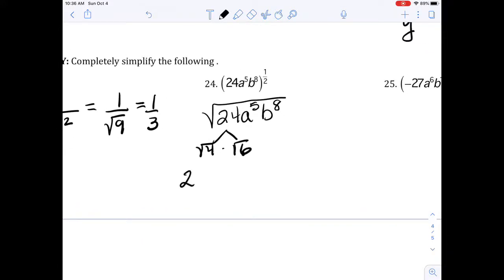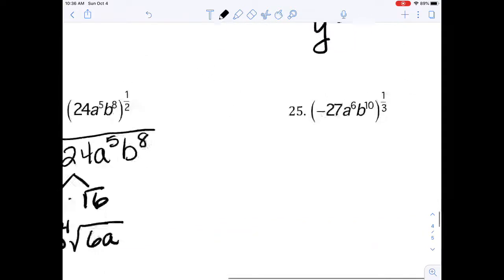So a 2 is going to come out, and the 6 is going to stay inside. A to the 5th, we're looking for pairs now because we're square root. So that's going to be a squared with 1 a left inside. B to the 8th, that's going to be 4 b's coming out. Last one.